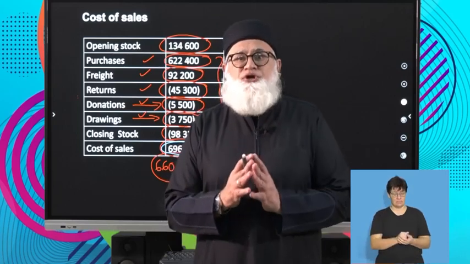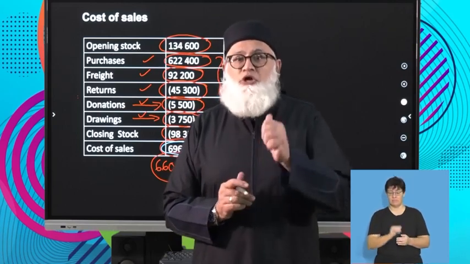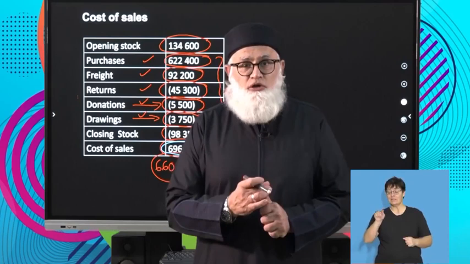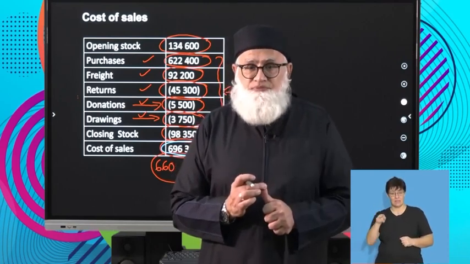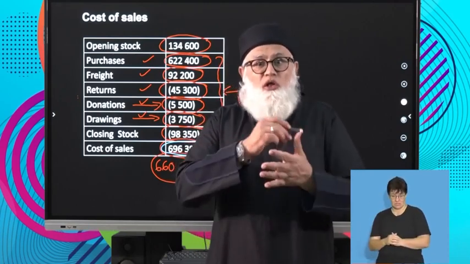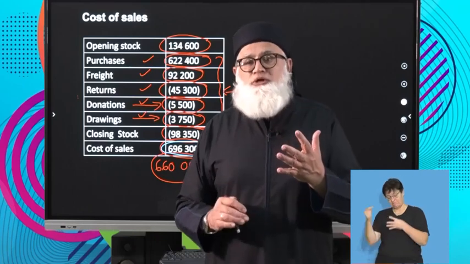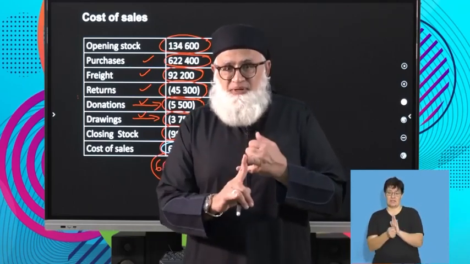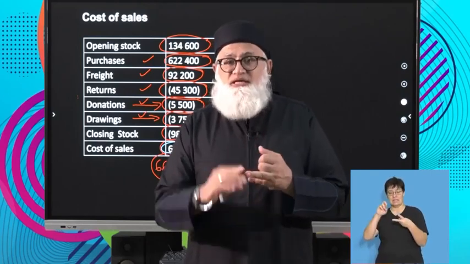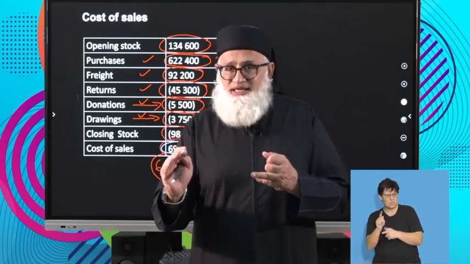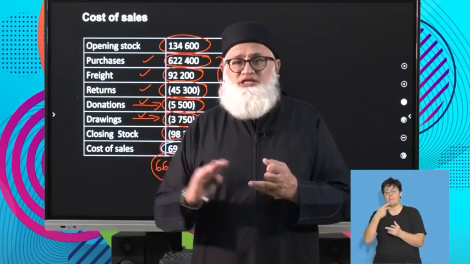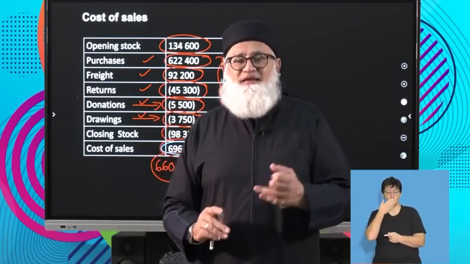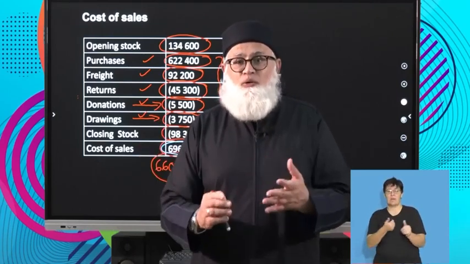Okay, let us summarize. In terms of periodic inventory, we know for one, the emphasis on the purchases account. Record all the components that you need to calculate cost of sales. Opening stock, net purchases. What is net purchases? Purchases, less returns, less donations, less drawings, right? Add expenses on purchases, like what?